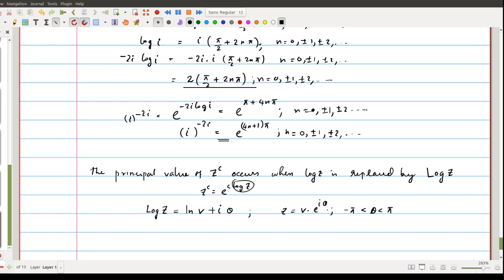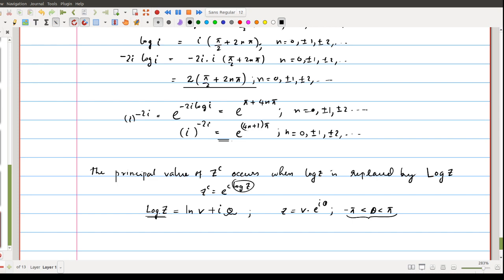If we choose theta in such a way that z equals r e raised to i theta with this condition, then we have only one value. We are not using the general form. We use only one value from the branch minus pi to pi, and we express ln r plus i times theta. This theta is the argument of z. Then the corresponding logarithm is called capital Log z.